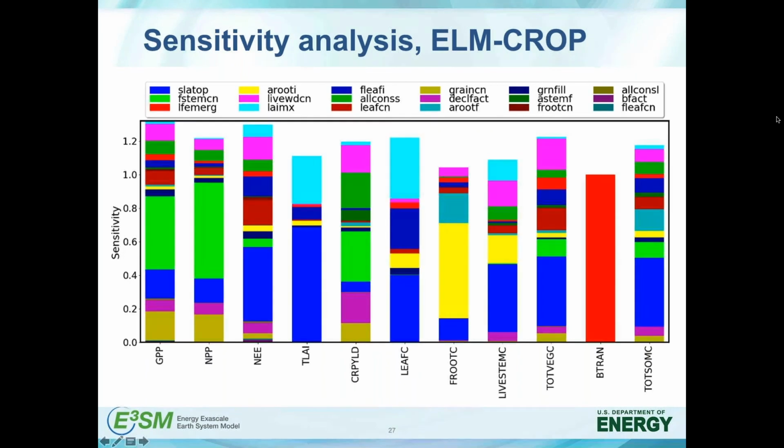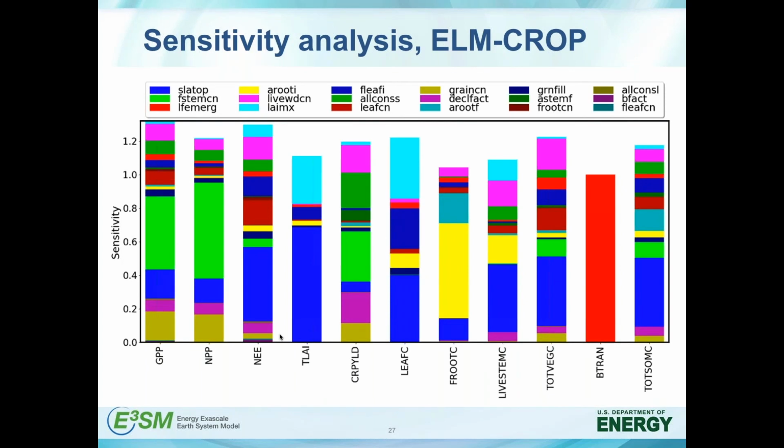And we see things that are kind of logical too, as in the root carbon is driven by root parameters. And we see an output variable like net ecosystem exchange, which is very integrative. So it's the sum of many different processes that are happening in the model.